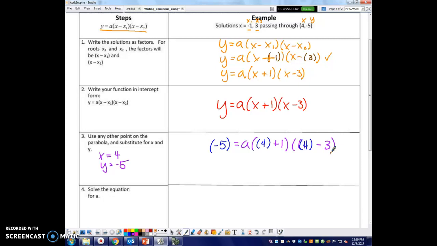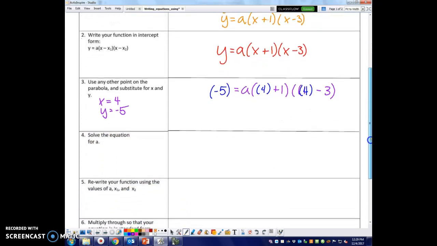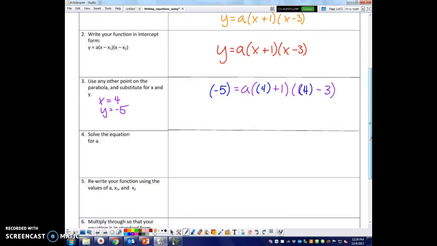Okay, so now that we've done all that, we've substituted. It wants us to solve the equation for a. Okay, so now we're going to solve the equation for a. Let's rewrite this to make it look prettier. Negative 5 equals a(4 plus 1)(4 minus 3). Okay, now we're going to start solving it. So you have negative 5 equals a, we don't know that yet. What's 4 plus 1? 5.